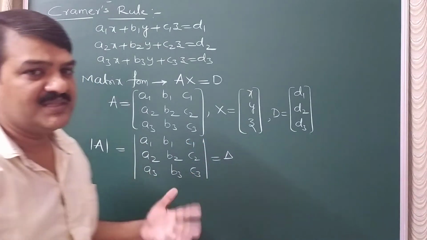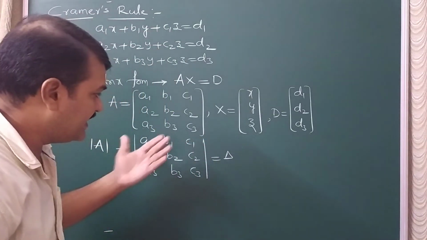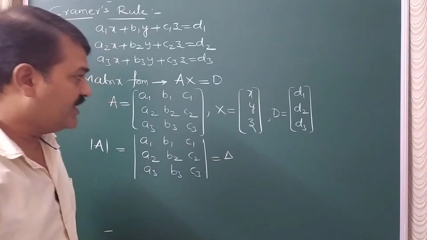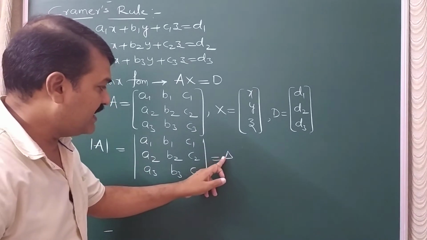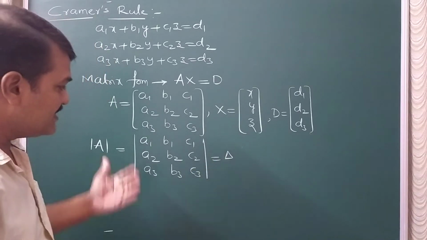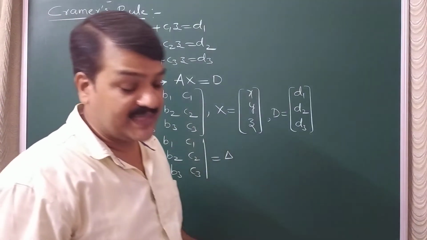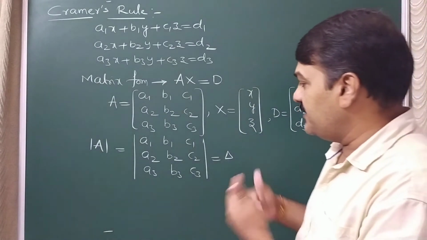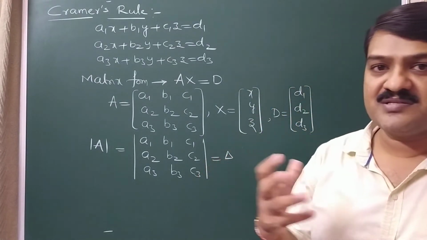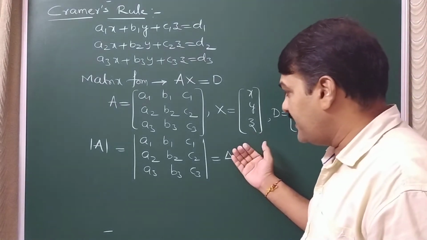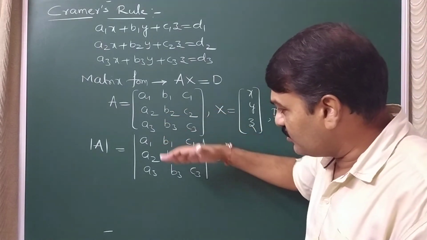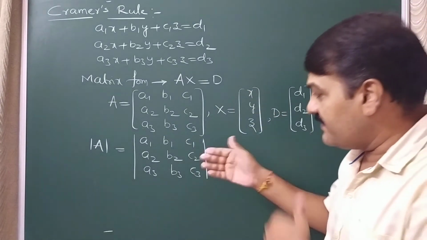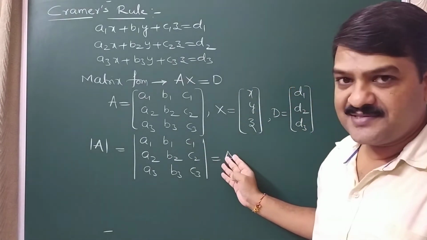Now, what I will do is multiply this determinant with x. In determinant properties we have learned that if you multiply the determinant with a constant k, that k can be multiplied to any row or any column of the determinant. So I will multiply the determinant with x.